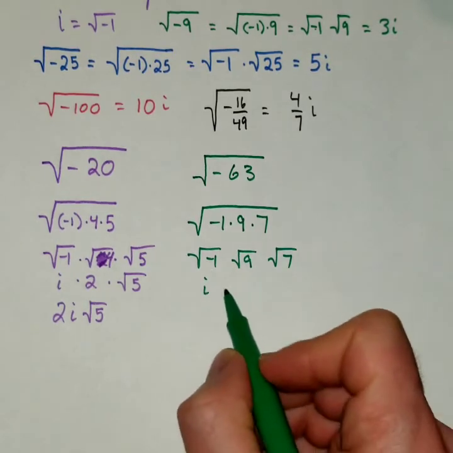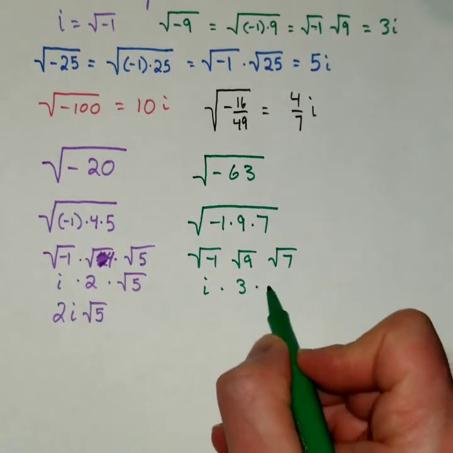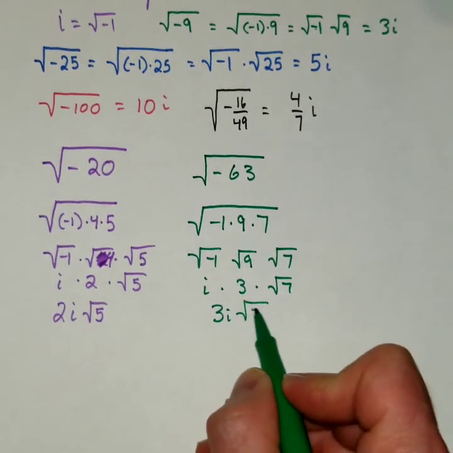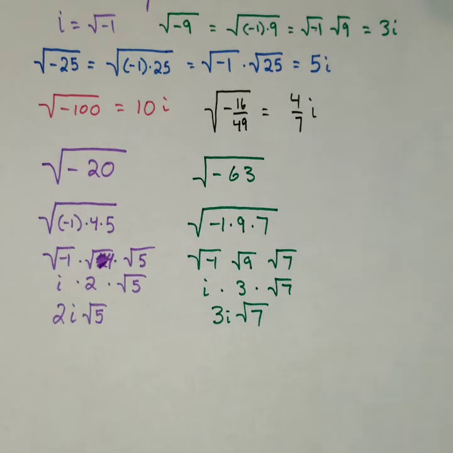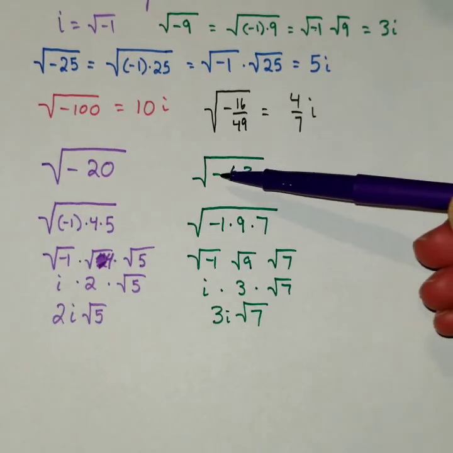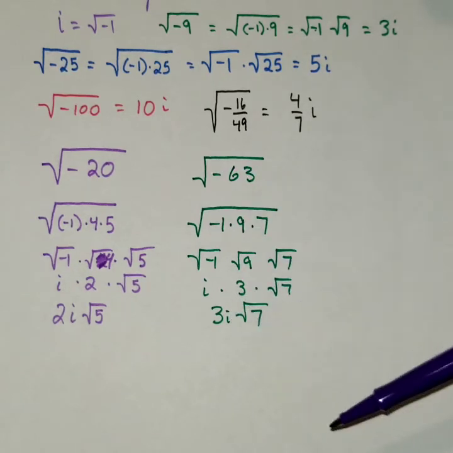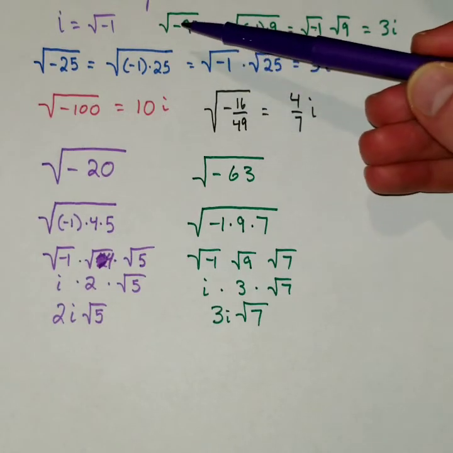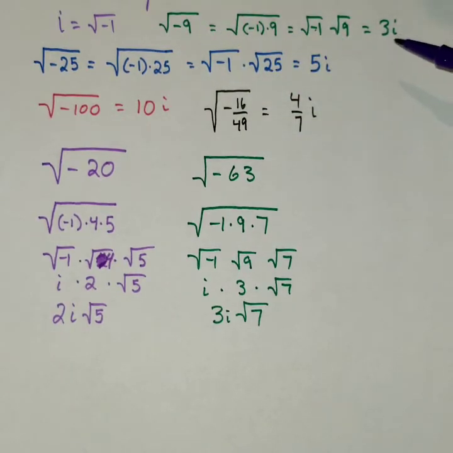This first part is i, then you get a 3, then you get root 7, and so we put it all together, it's 3i times the square root of 7. Right, so that's our simplifying of radicals. Essentially, it's the same thing we've seen in the past with simplifying radicals, except now if there's a negative under the root, it becomes the i outside. Okay, and that happens every time. Even up here, the negative under becomes the i on the outside, and so forth.